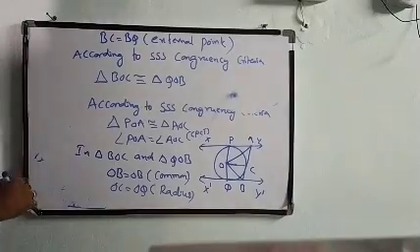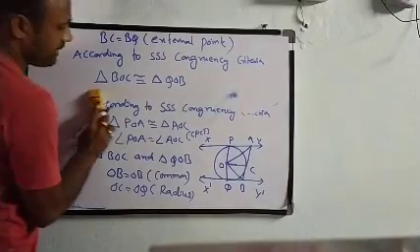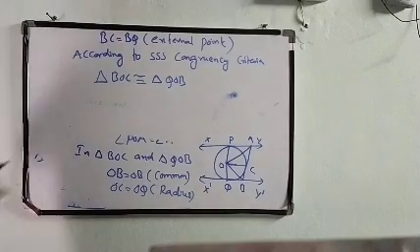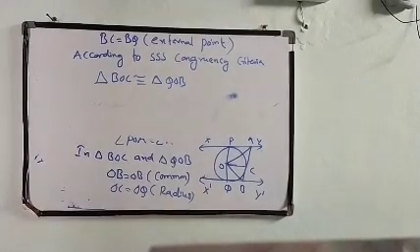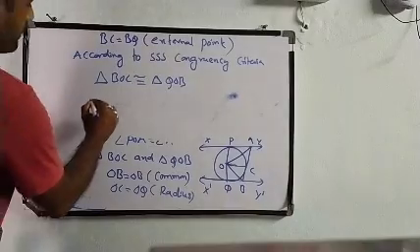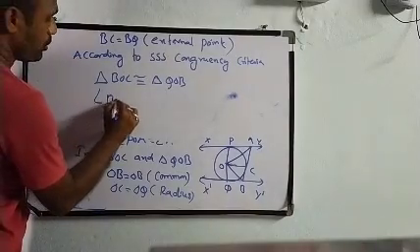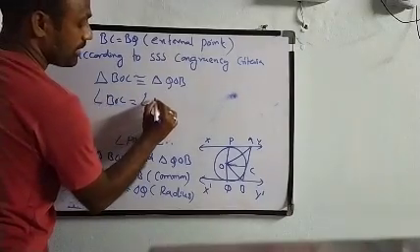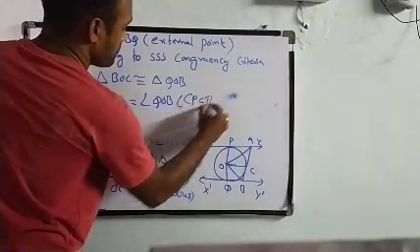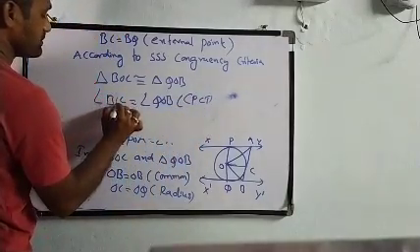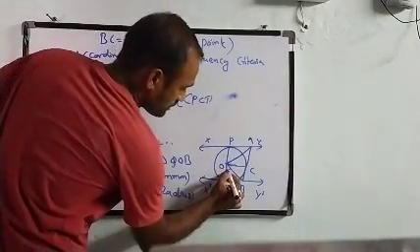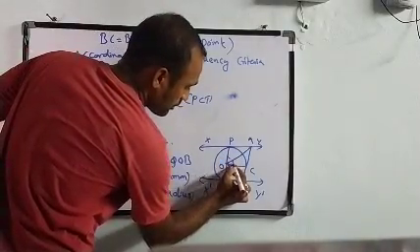If these two are congruent, we can write angle BOC is equal to angle QOB by using CPCT, corresponding parts of congruent triangles. So we have proved that these two are equal and these two are equal.